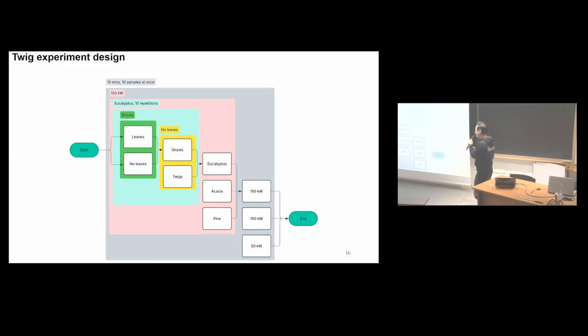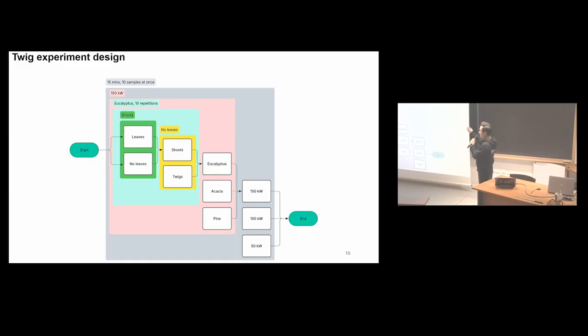And after that, we want to compare the leaf and no leaf in the shoot shape, and then we have the shoot here. We compare with the twig. The reason is, let's say we burn a shoot, and the twig is a small part inside the shoot.